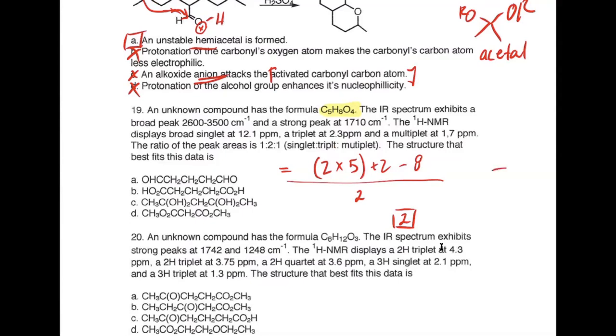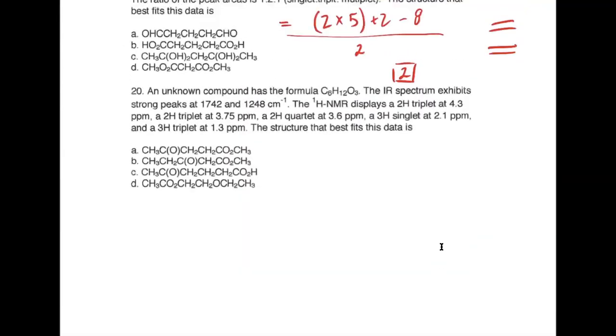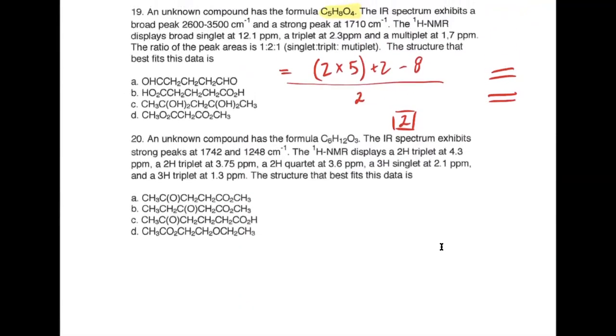So we have some double bonds of some sort, and there are going to be 2 of them. We don't know which kinds, and I personally would write out all these structures on my scratch paper.